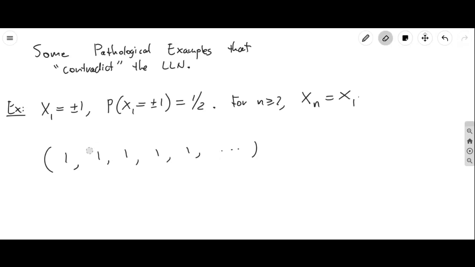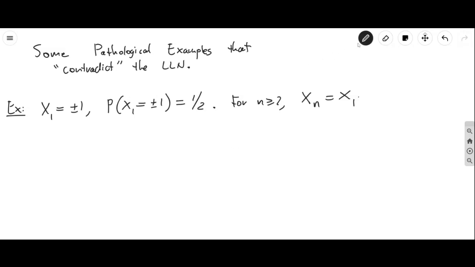Every next value in this random sequence is determined by the first one. And if we get tails, then we only have the all minus-1 random sequence. So this is the extreme opposite of independent coin flips. It's where every other coin just follows from the first one.